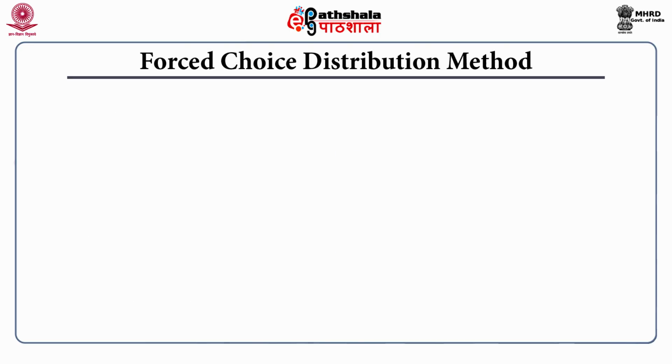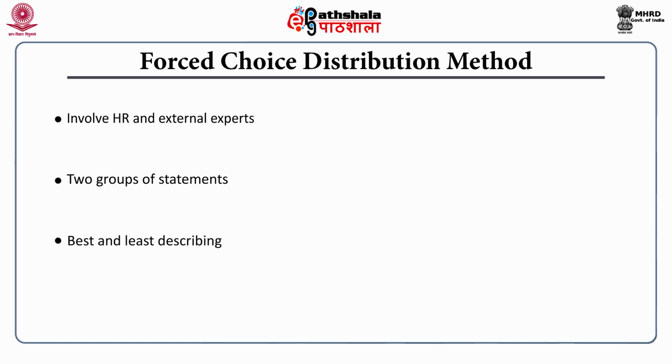Forced choice distribution method. To implement this method, a human resource department personnel or an external expert designed two groups of statements. The appraiser has to choose out of the available options that describes the employee in best way as well as least way.